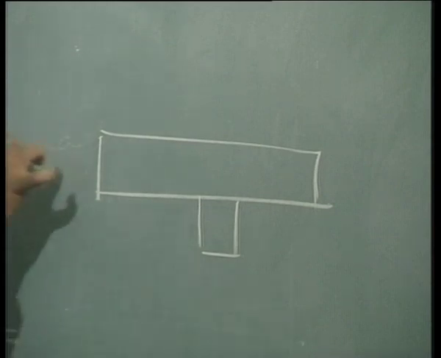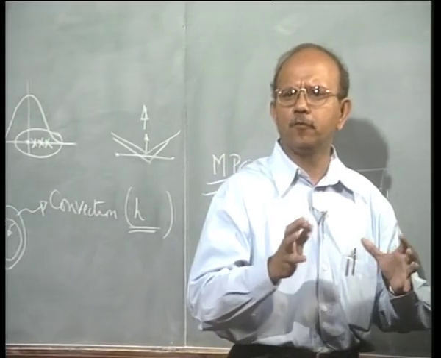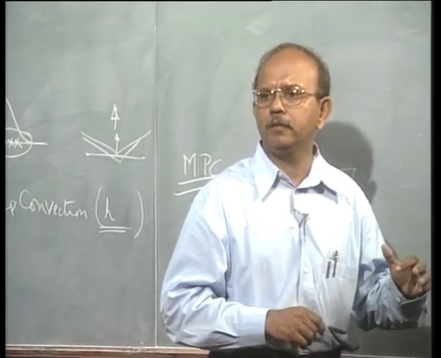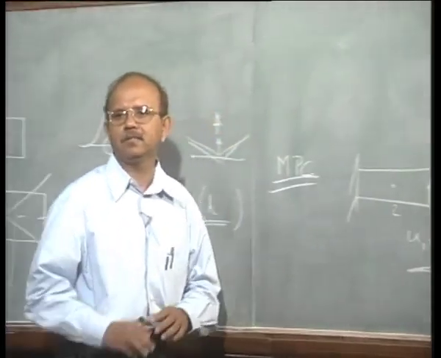Now this is the plate and this is the reinforcement beam. Let us see how we are going to model these two things. In a railway coach you will have a number of reinforcing beams. What will be the type of elements you will use for this plate?